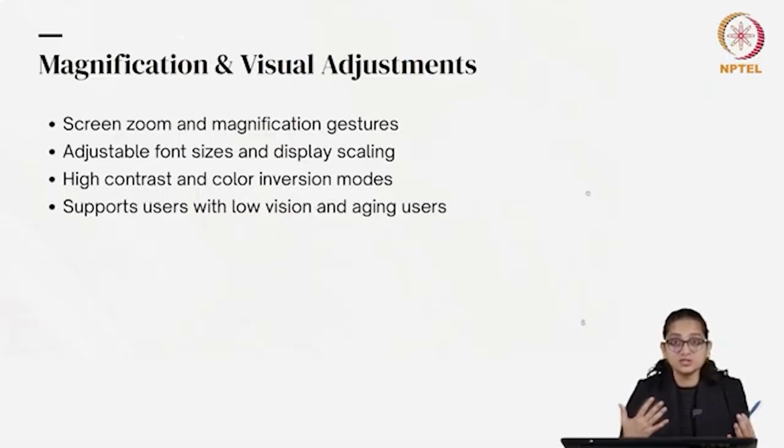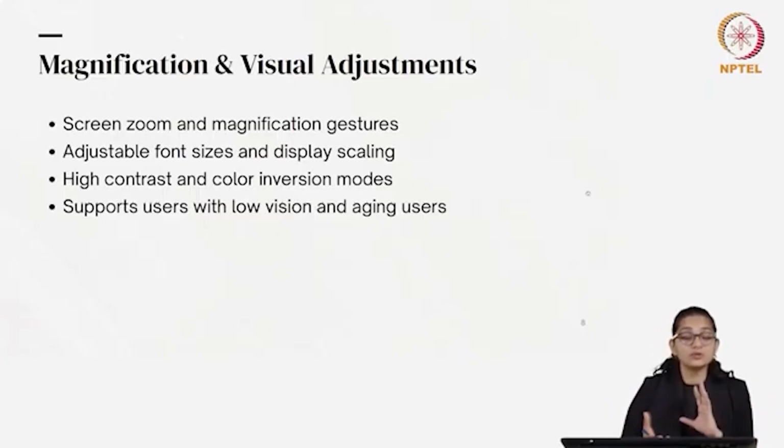You can change the color contrast, you can do color inversion also. So for people with low vision or light perception, they can use color inverted modes. These kinds of features can support users not just with low vision but also users who are elderly.